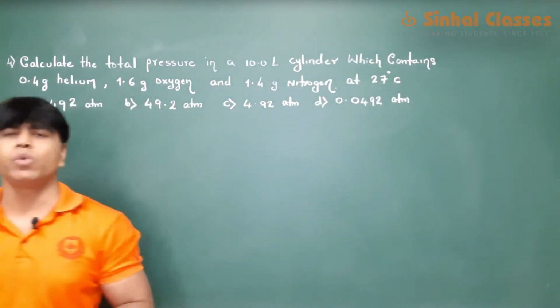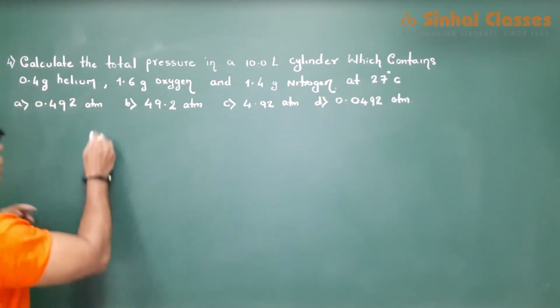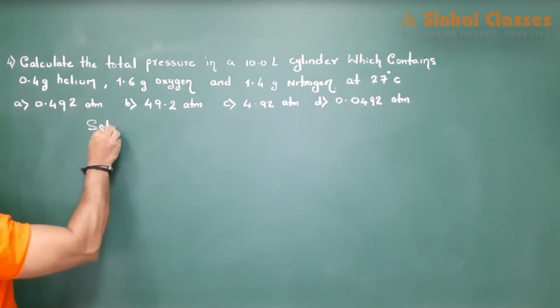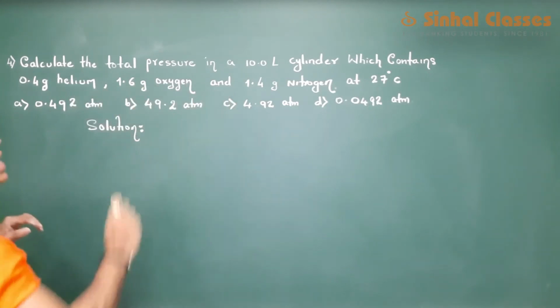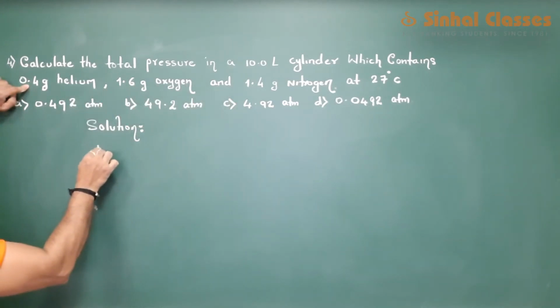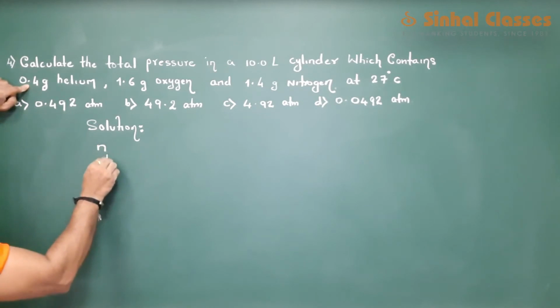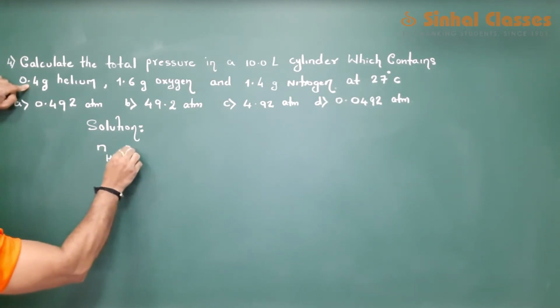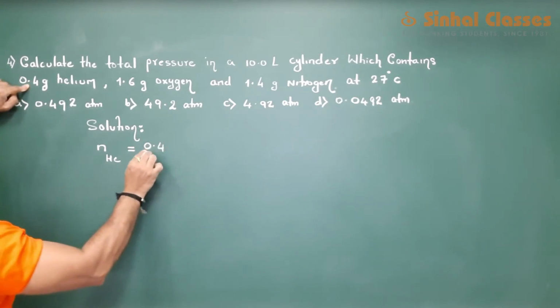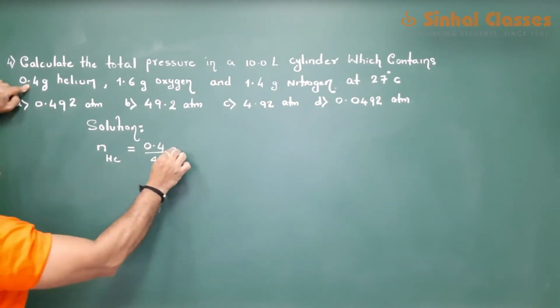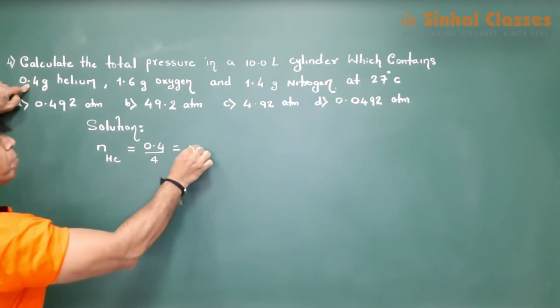Now, how will you solve this question? So first and foremost, you take out the moles for all these gases. So moles of helium is mass given upon molar mass, that is 4. So it will be 0.1.